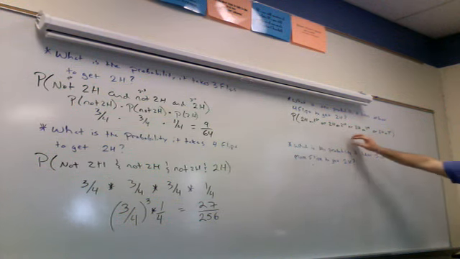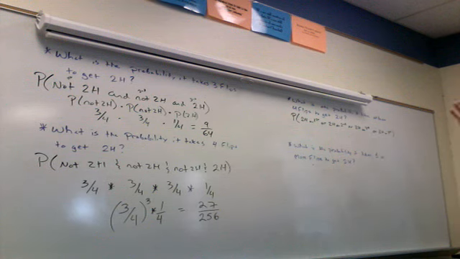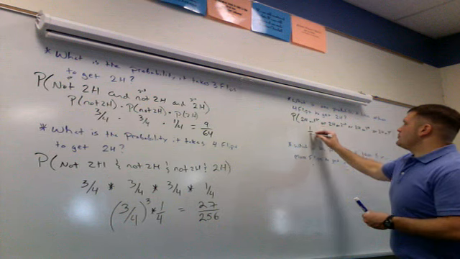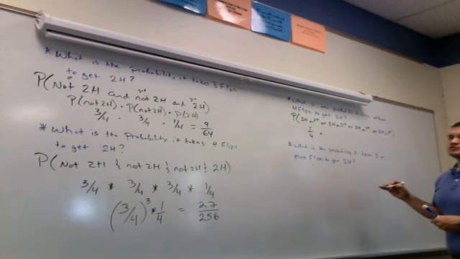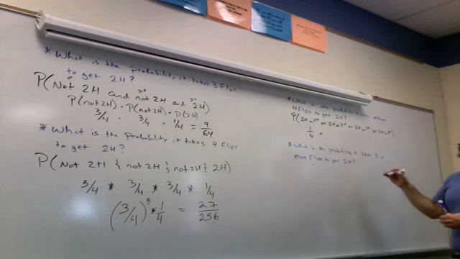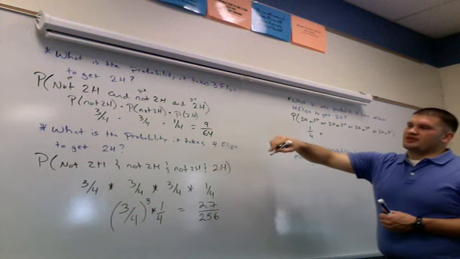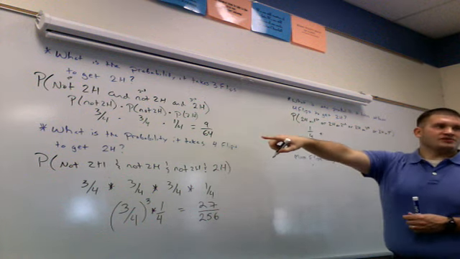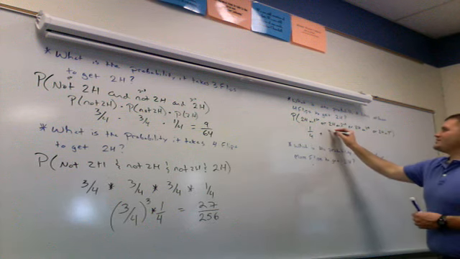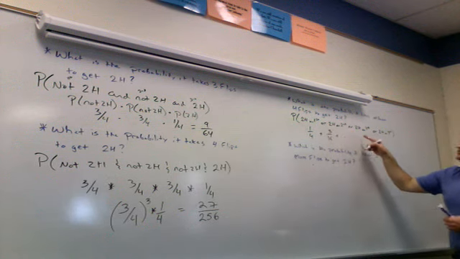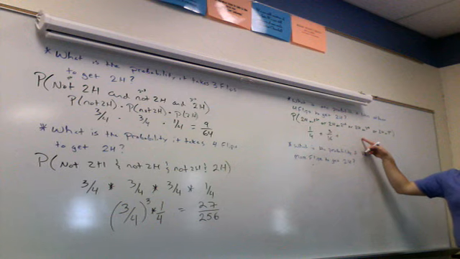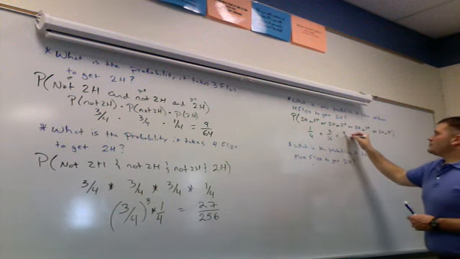All right? So for these ones, when we do the at least, we can take our probability from 1 flip, which was 1 out of 4. Probability it takes 2 flips, 3/16, plus the probability it takes 3 flips, 9 out of 64.